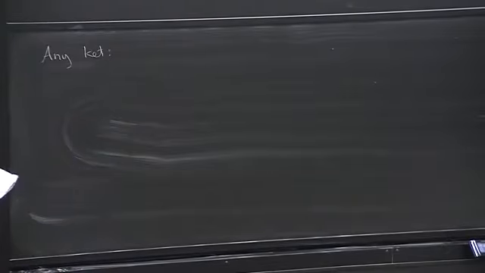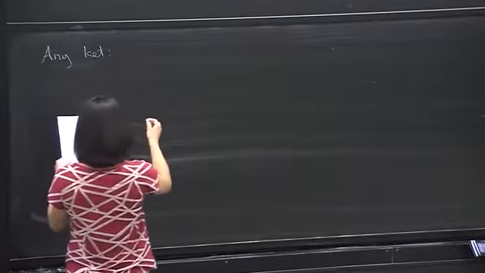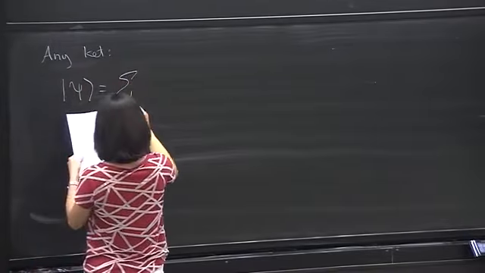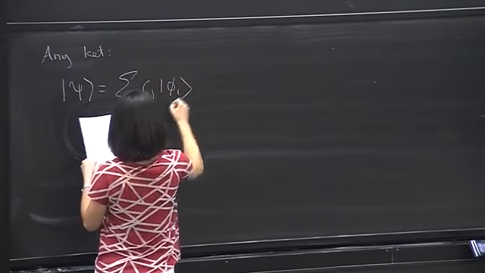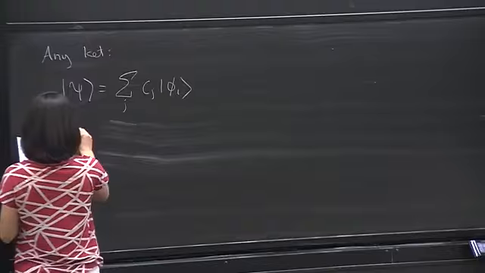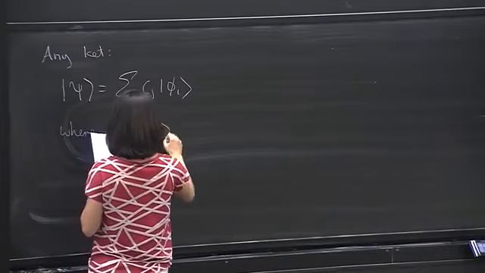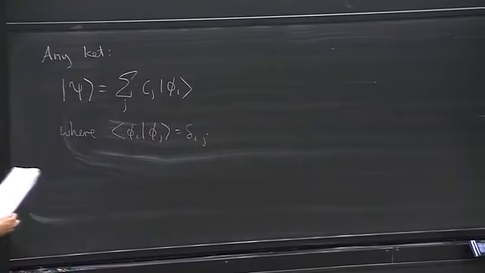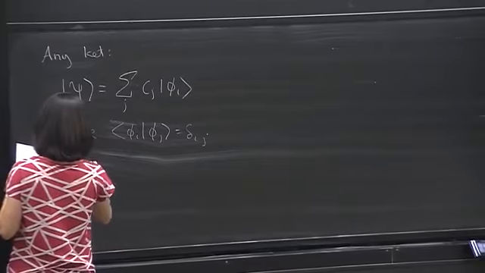In quantum theory, any ket can be expressed as a discrete linear combination of orthonormal elements. We also have a condition that's called the normalization condition.